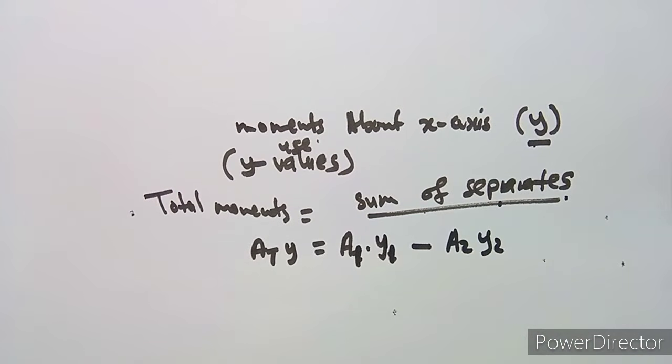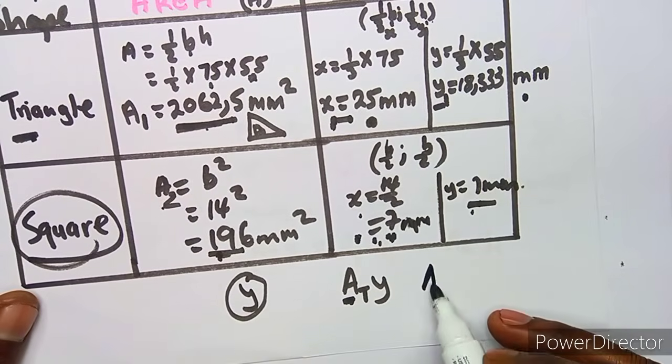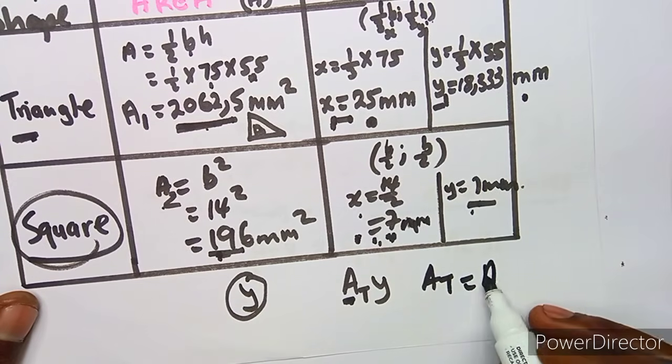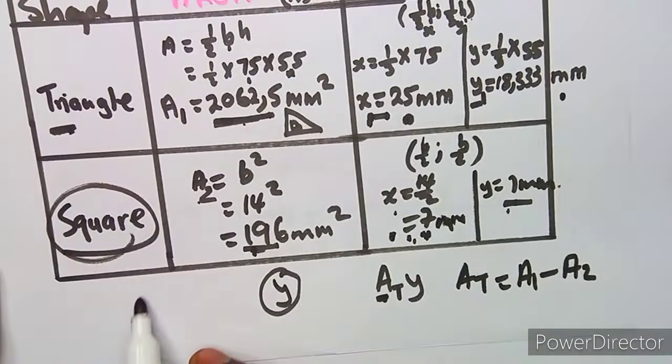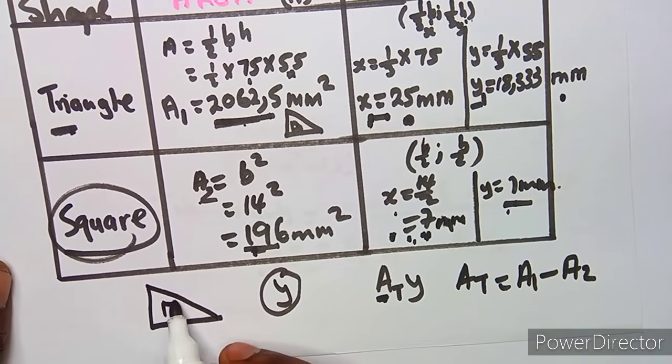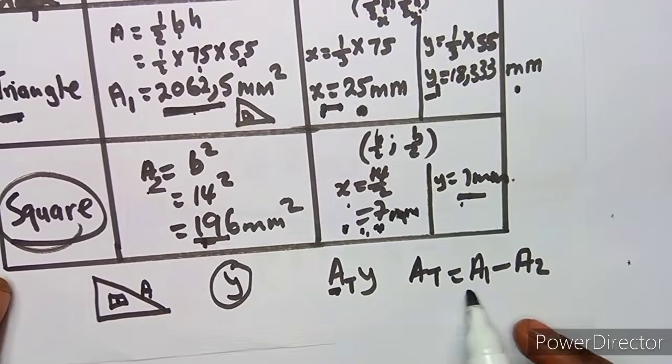So that's the concept. So this AT we said is the total area, where we said AT is equivalent to A1 minus A2. Why? The square is inside the triangle, so you subtract, that's A1 minus A2. All right, so that's your AT.